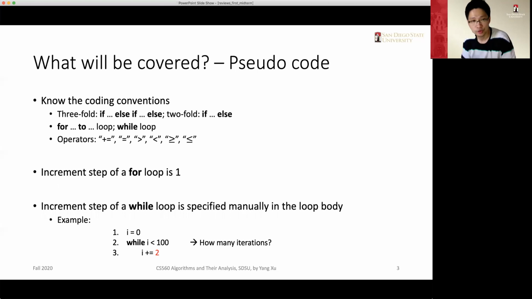And for the pseudocode, you will need to know the coding conventions of our pseudocode. It is basically following the same convention that we use in the lecture materials for different kinds of constructs, like the if-else condition, which could be threefold or twofold, and the for loop, which could have a keyword "to" to indicate the starting condition and the ending condition, and the while loop.